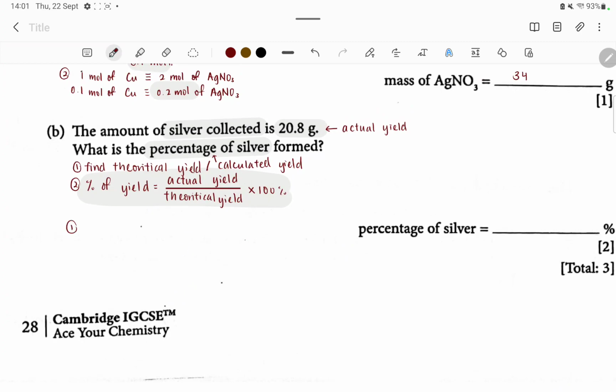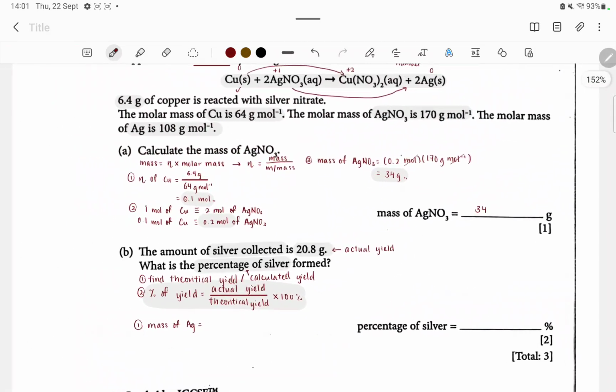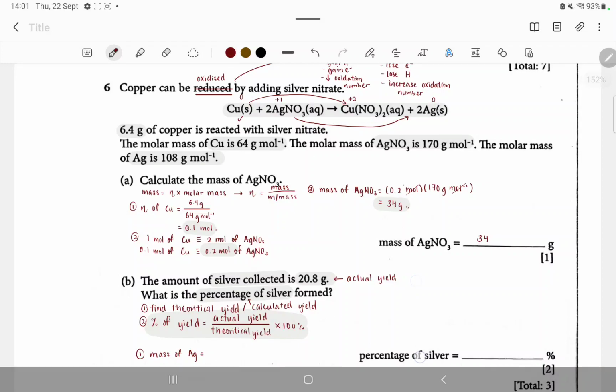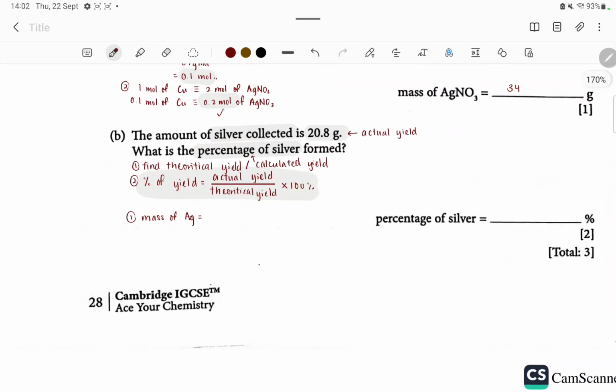So first step, mass of Ag, means silver. So let's see. The number of moles of silver equals the number of moles of silver nitrate, so we can straight away take from here.